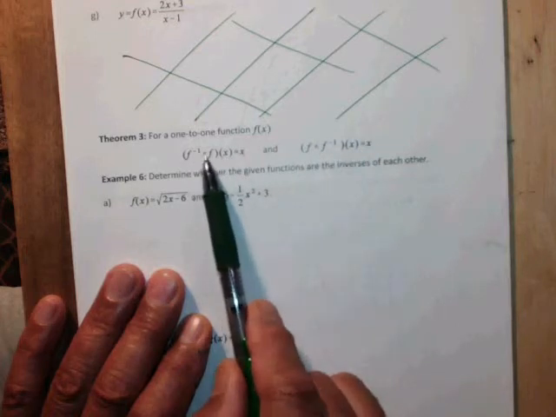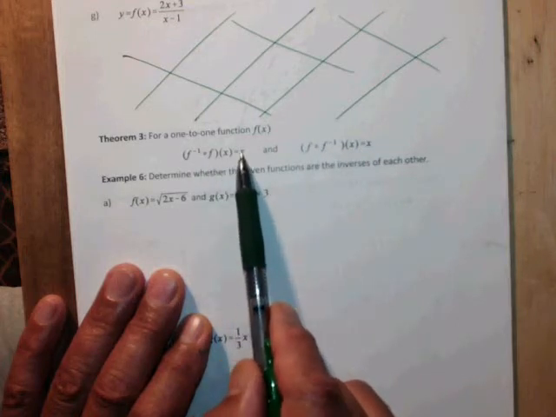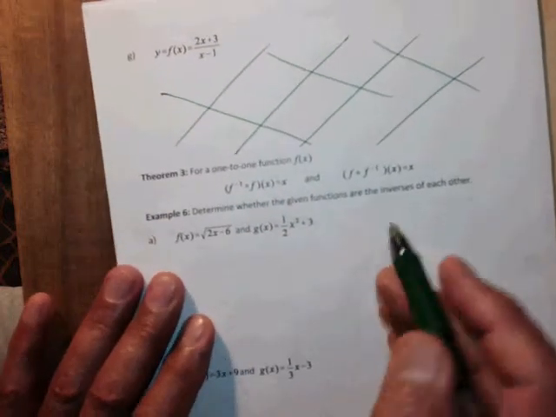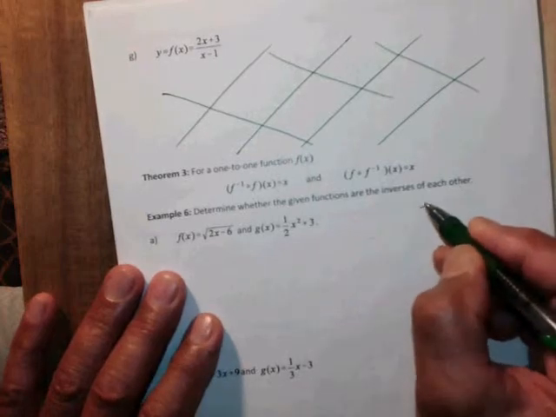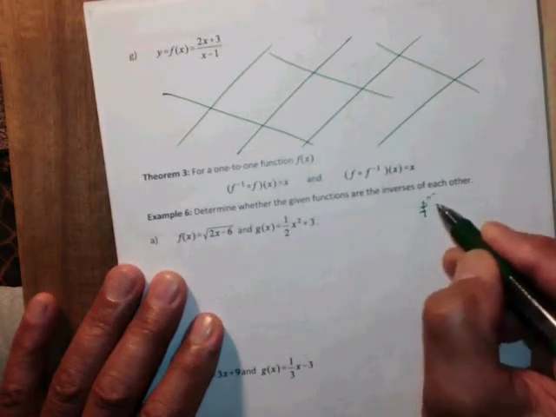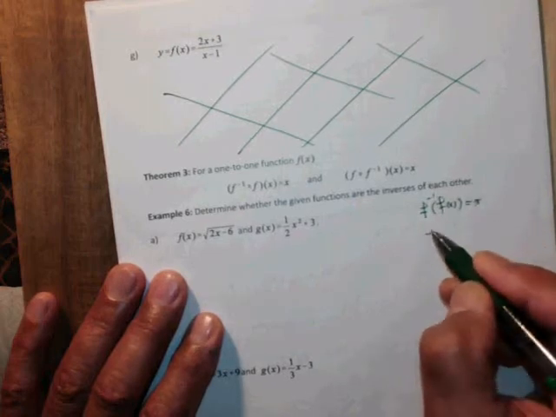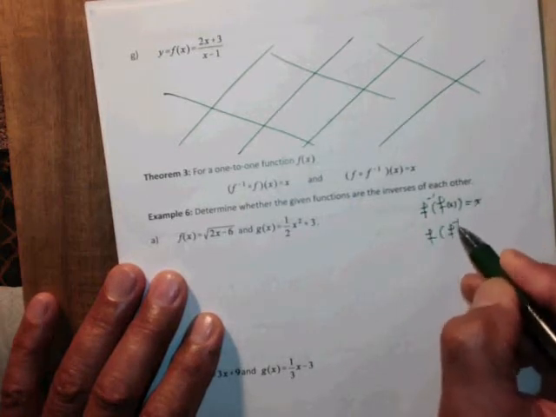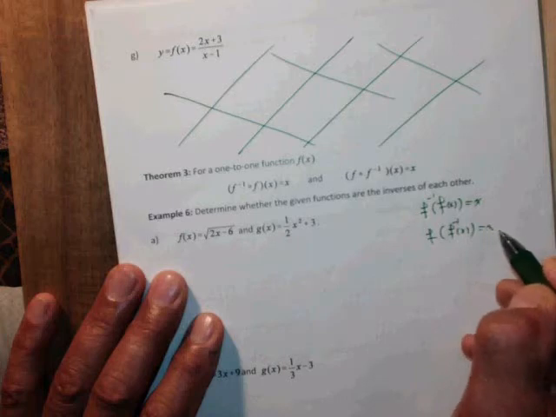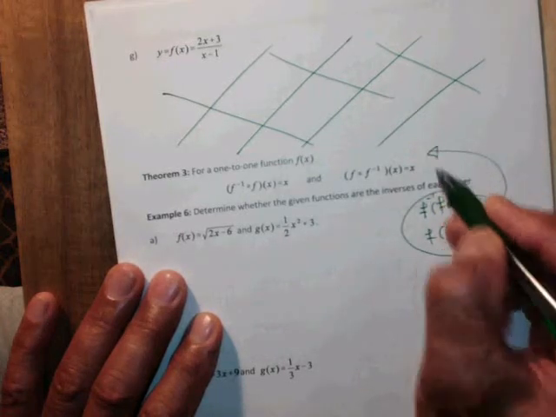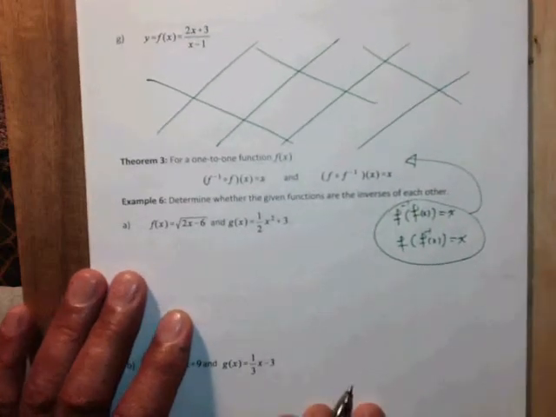So basically, if you want to write it out, it means f inverse of f of x is x, and f of f inverse of x is also x. That's what they are.